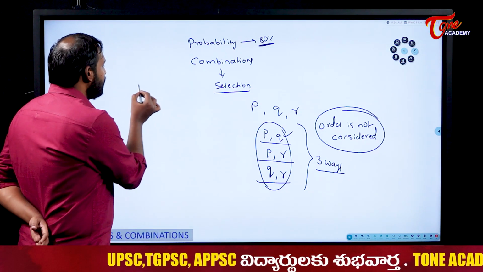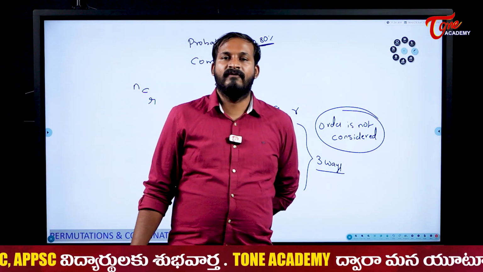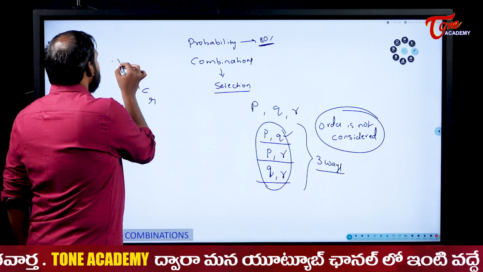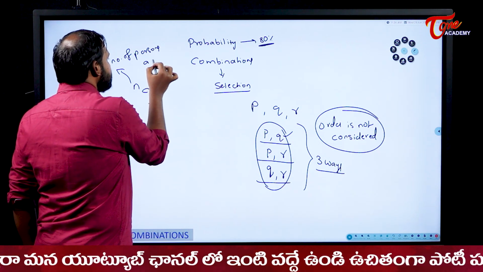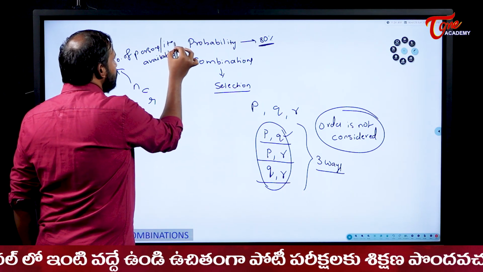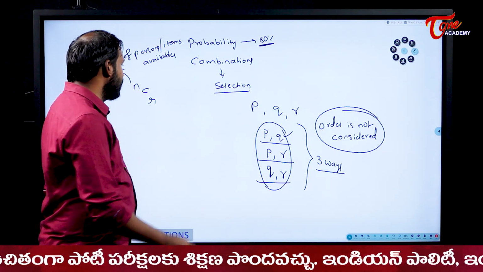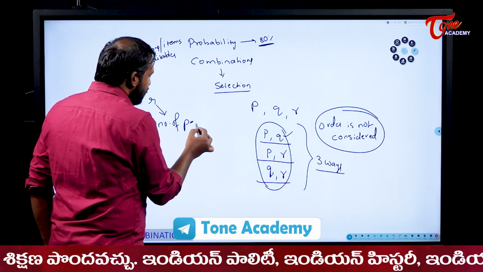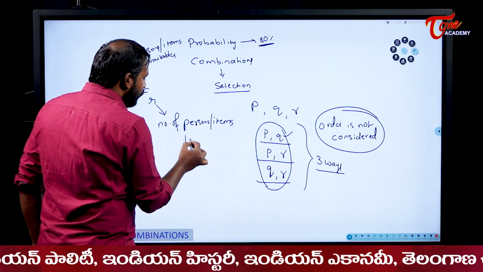By using a formula, that is nCr. The formula for combinations is nCr, where n is the number of persons or items available, sometimes persons and sometimes materials, and r is the number of persons or items to be selected.